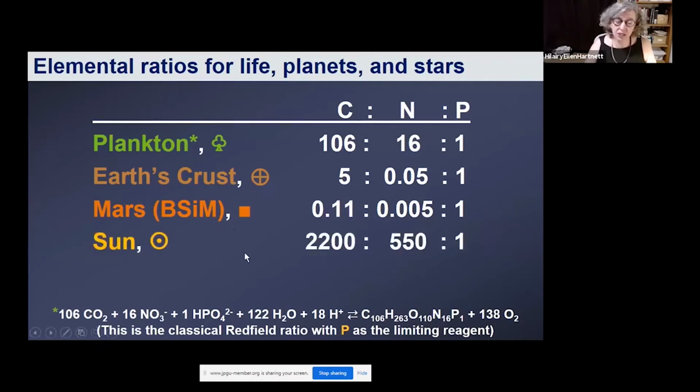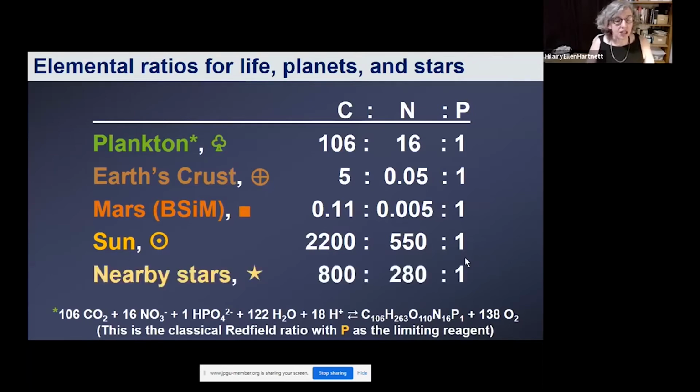Our sun, on the other hand, has substantially more carbon and more nitrogen relative to phosphorus than plankton or the other planets. But interestingly, our sun doesn't necessarily look like all the other stars in the Hypatia catalog.